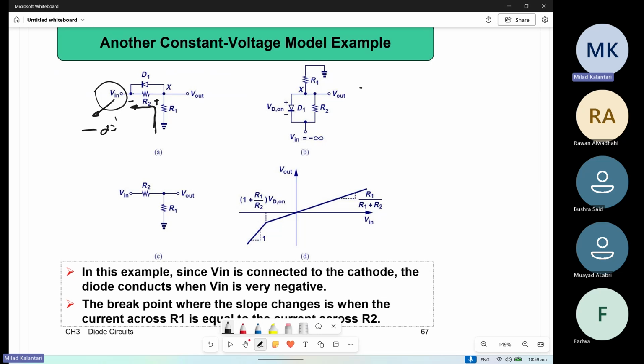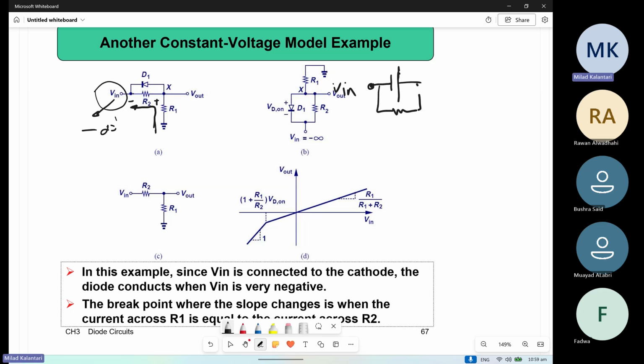And then the circuit would be like this, with the diode on. Let's be more accurate because we are trying to consider the diode turn-on voltage also. Here is Vin, the diode is on.